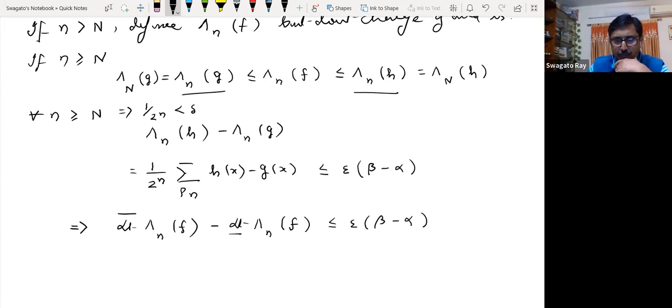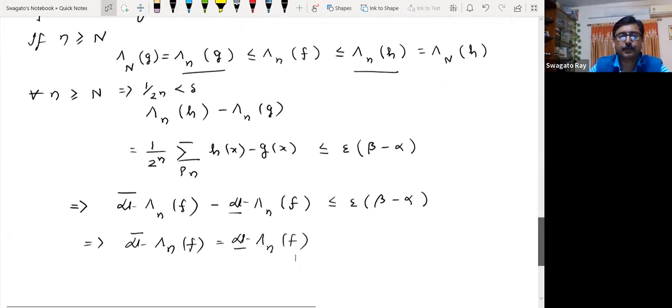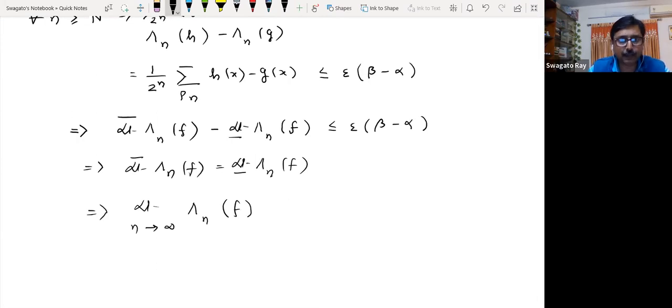But here epsilon is arbitrary. So that would imply limit superior of lambda n is actually equal to limit inferior of lambda n. That means that since the limit superior and limit inferior are the same, it actually implies that the limit as n tends to infinity of lambda n f exists. This is what we call lambda f, the linear functional I'm searching for.